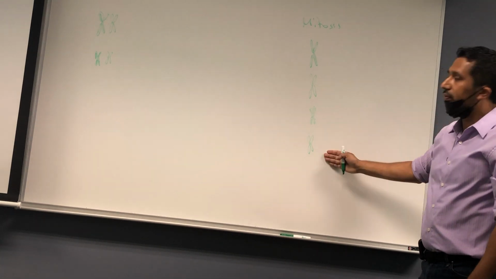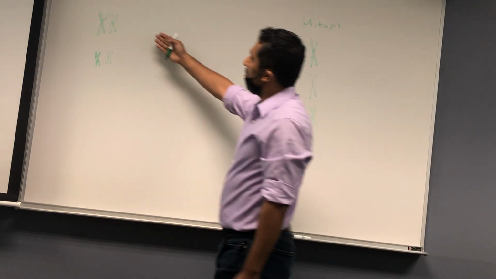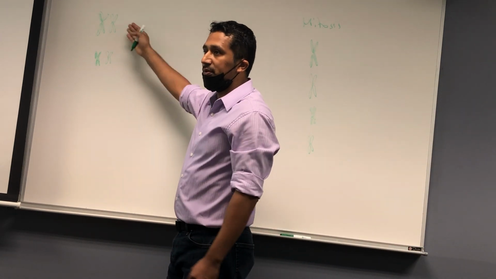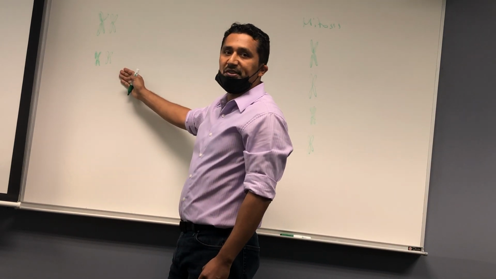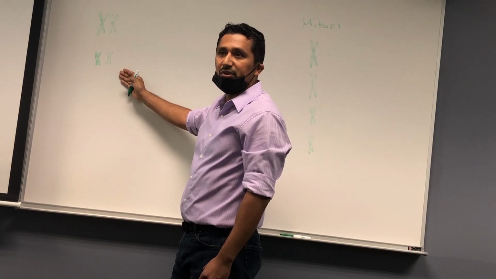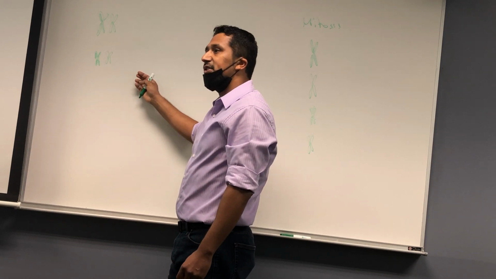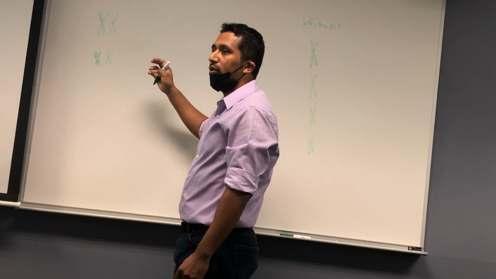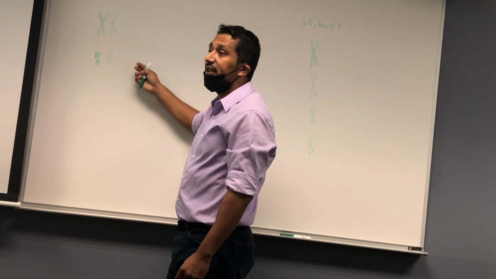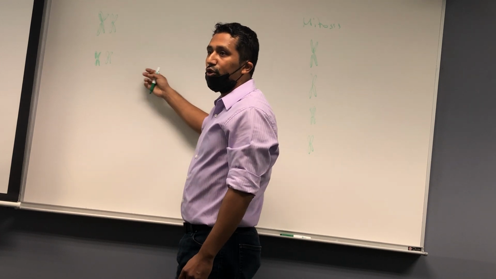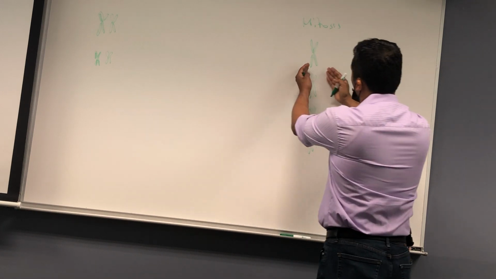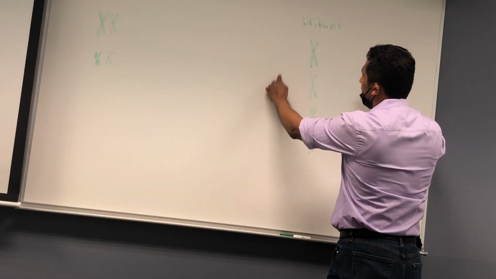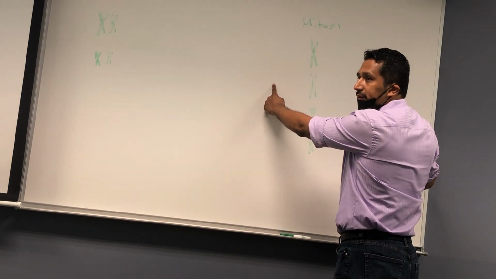Mitosis, single file, one line. Meiosis, double file, two lines, okay? Can you see this difference right here? Meiosis is the basis of separation of these homologous chromosomes that will create the haploid number. Because once you separate these sister chromatids, they become a chromosome, right?